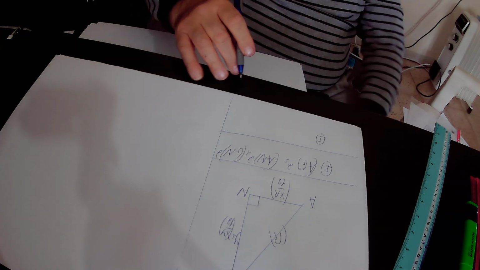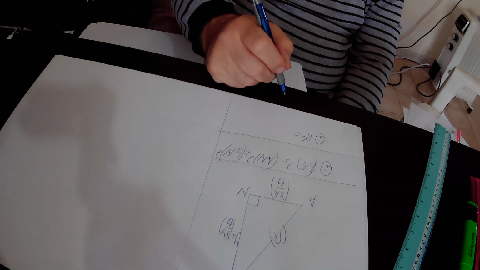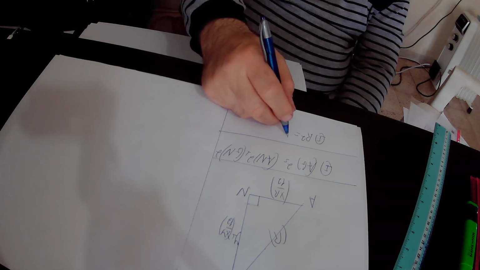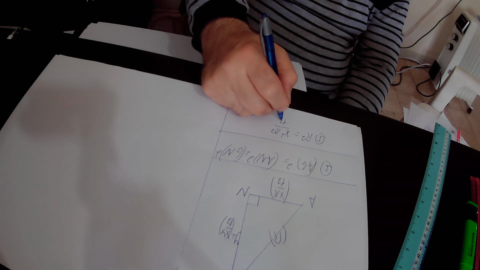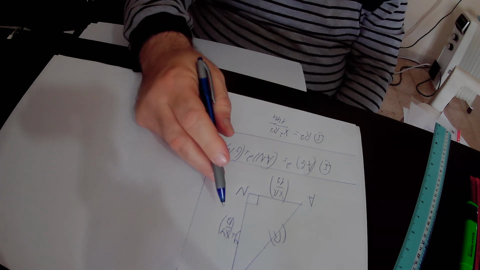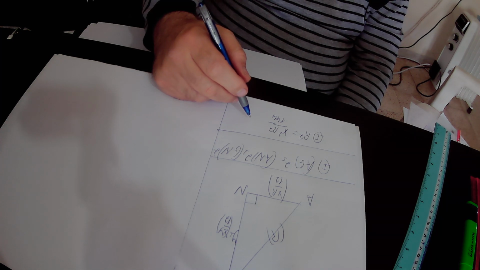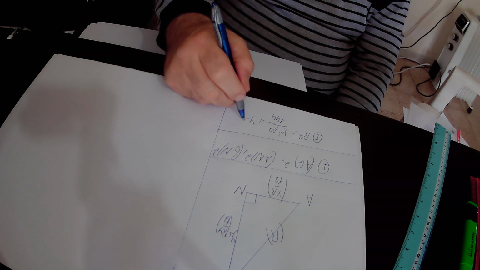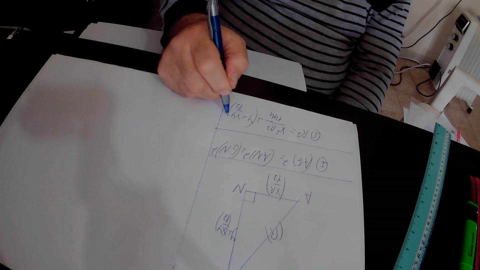AG is R, therefore AG squared is R squared, and it equals AN squared. AN is X over 12, therefore AN squared is X squared times R squared over 12 squared, that is 144, plus GN squared. GN is Y plus XY over 12, therefore GN squared is Y plus XY over 12, squared.